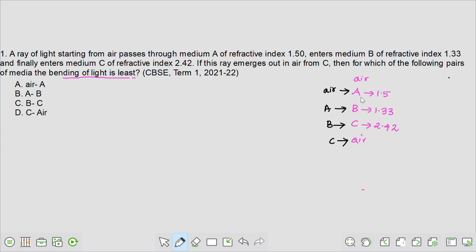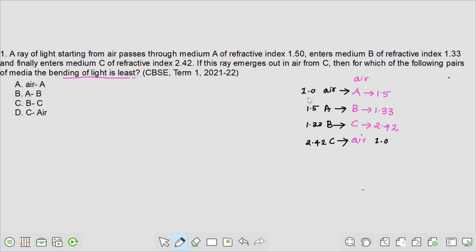Now, for air, we take the refractive index as 1.0. For medium A, it is already given as 1.5. Medium B is 1.33, and medium C is 2.42. And air is 1. So, in order to understand in which pair of media the bending of light is least, I'm going to give you a shortcut way to do this.